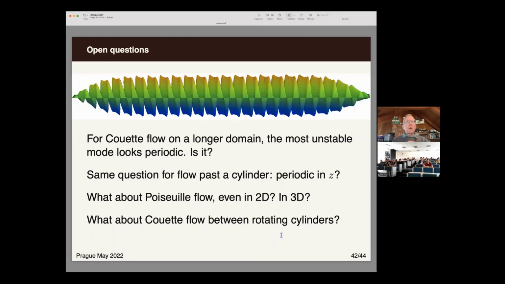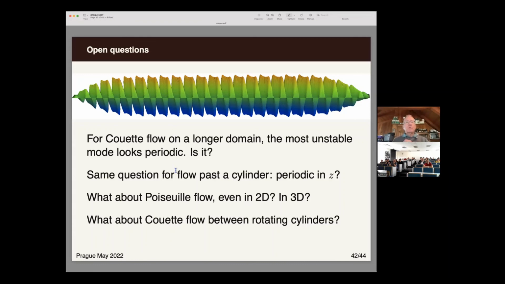So Couette flow on a longer domain looks like this. It looks like what's happening as the domain gets longer and longer is that you get something that's spatially periodic. Is that true? If you pose a periodic problem with the right period, do you get a periodic solution that looks like this? That's not, I don't think, that difficult to do, but it hasn't been done.